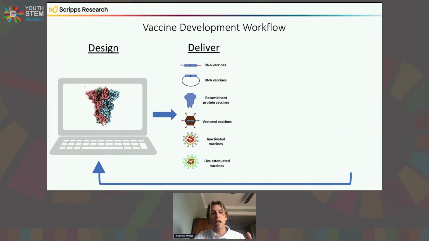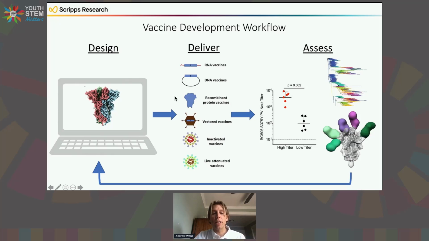So the typical workflow that we undertake is to solve structures and do computational design. There are a number of ways now to deliver, and luckily, most of these platforms were available. So really all you had to do was plug the right sequence of the spike protein into any one of these different vaccine platforms.